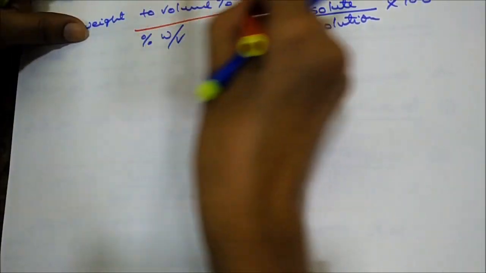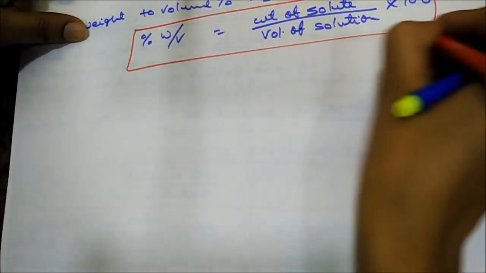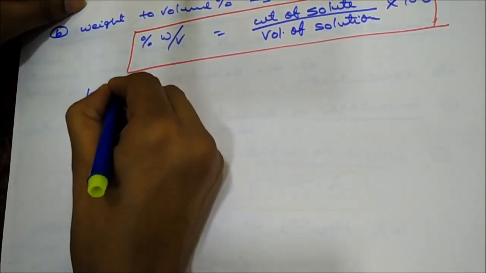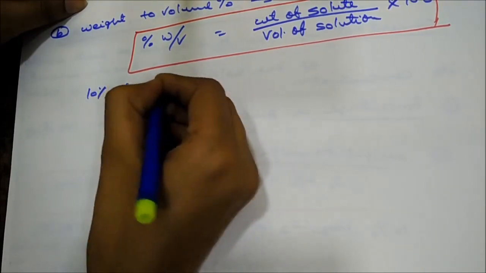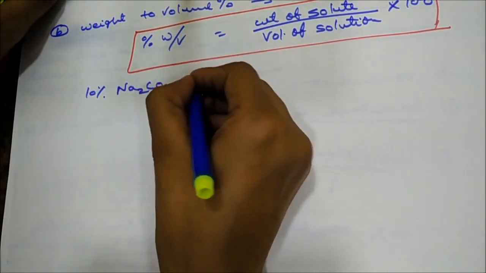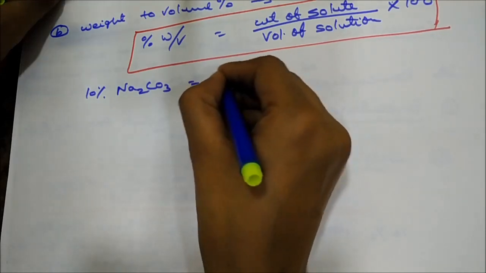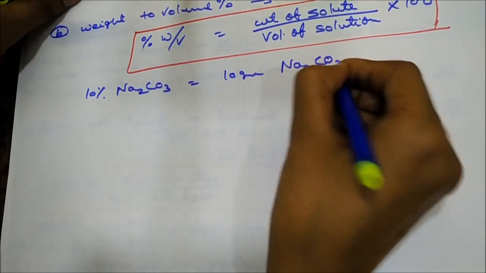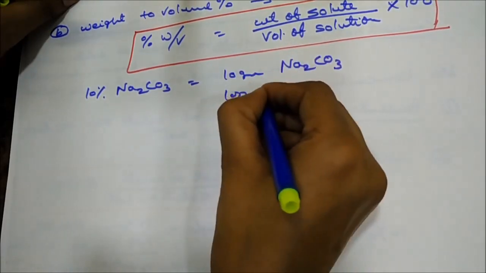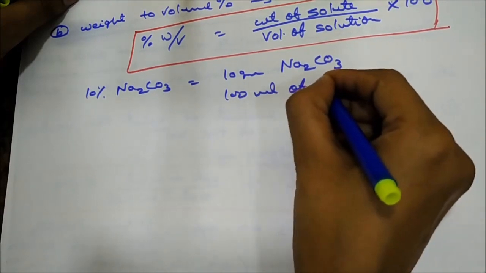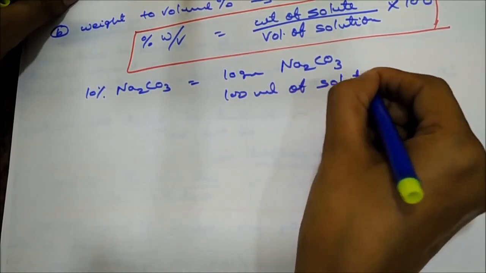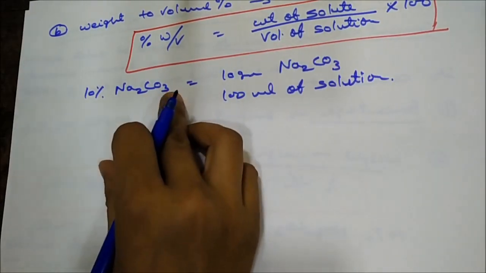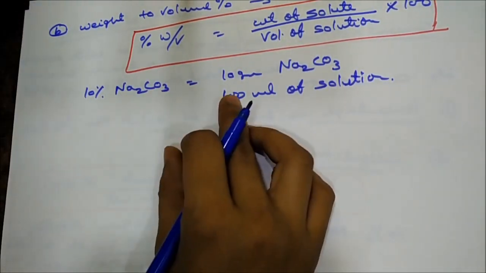So this is the weight to volume percentage. If we say 10% of sodium carbonate, then its concentration is 10 gram of sodium carbonate in 100 ml of solution. Then this concentration will be called weight to volume percentage.